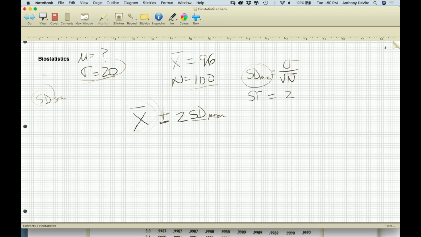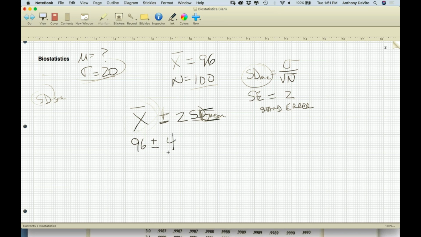I'm going to call it the standard error. It's a standard deviation, I'm just calling it standard error to distinguish it from everything else. So the standard error is really the standard deviation of the means. So I'm going to say 96 plus or minus 2 times the standard error.